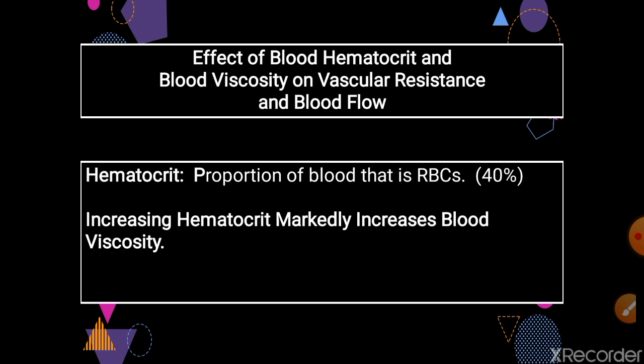These cells are about 40% of the total blood, and this is known as the hematocrit. As the hematocrit increases, the viscosity of the blood increases, the resistance increases, and the blood flow decreases.